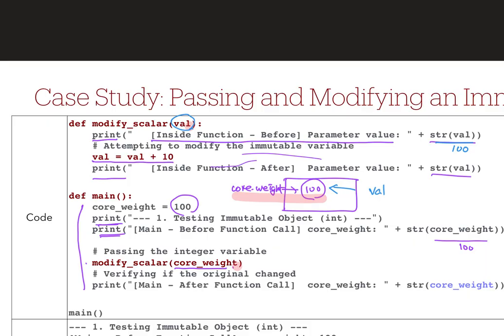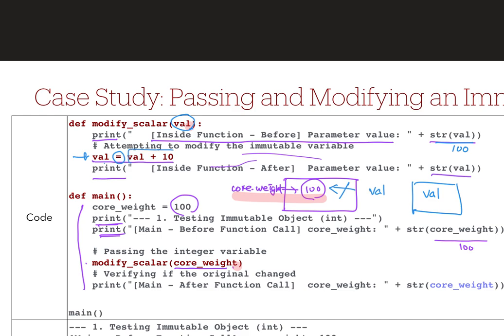And then, at this point, VAL equals VAL plus 10. So I'm performing assignment. At that point, this connection is disconnected because modification is not allowed in the integer variable. When you assign a new value to VAL, then in the memory you create a new value.